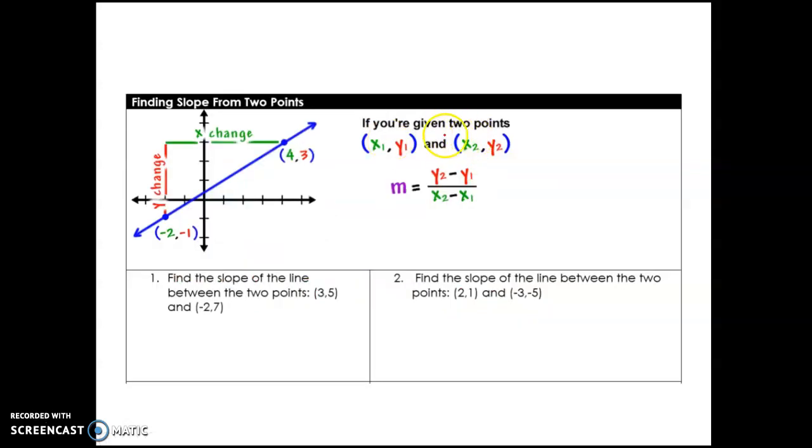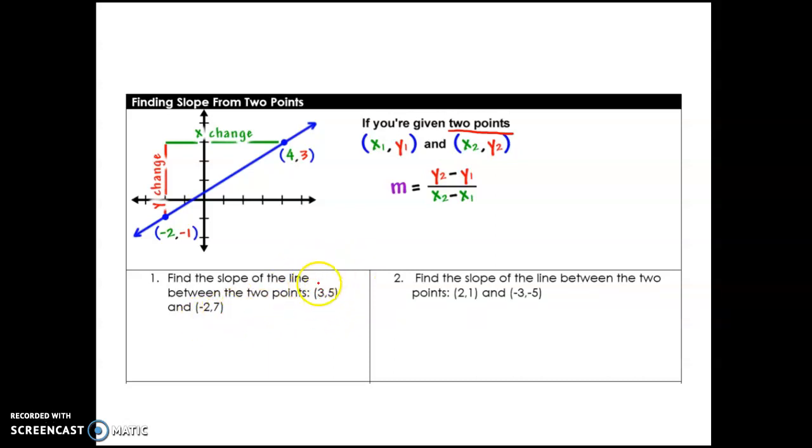Okay, if I'm given 2 points, then I'm going to use the slope formula, m equals y2 minus y1 over x2 minus x1. Okay, so we're not going to be given the graph now, we're going to be given 2 points. So to find the slope of the line between these 2 points, I've got 3, 5 and negative 2, 7.